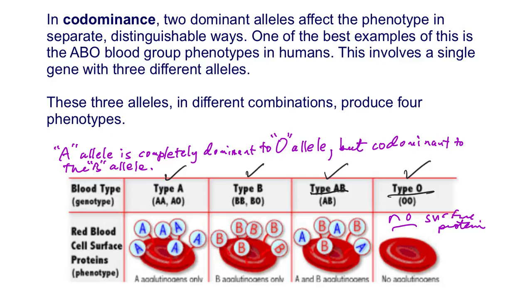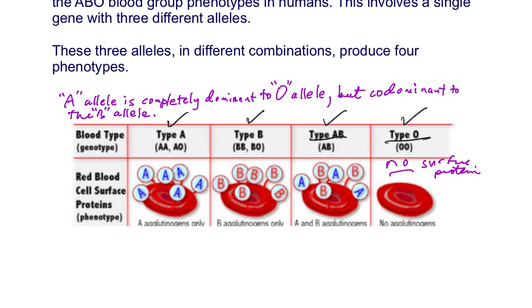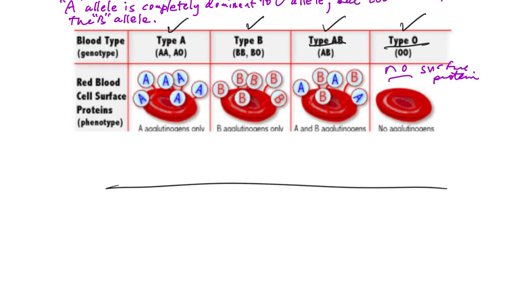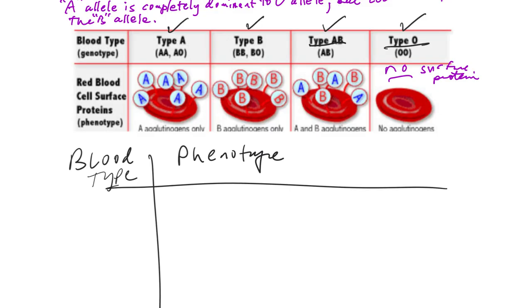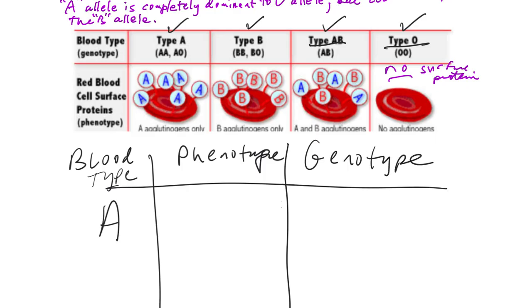So let's make a little chart here: blood type, phenotype, and then genotype. If you're blood type A, you have A proteins only on the RBC.